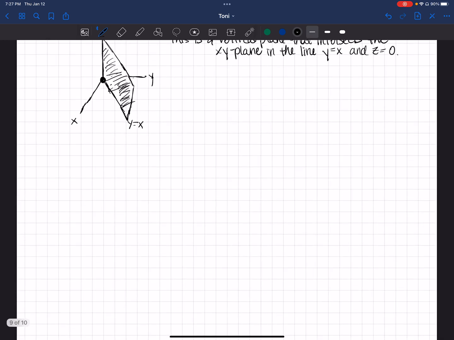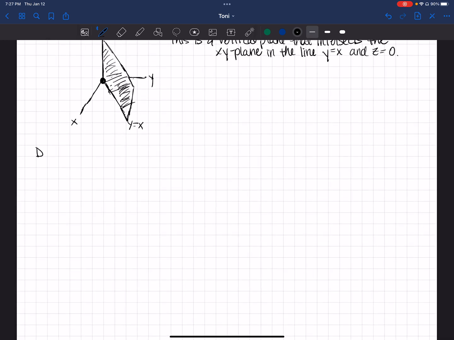All right. Distance formula, I'm going to go ahead and write it down. It's nothing new. It's just now you have a z in there, whereas before we had x's and y's. Given P1 is x1, y1, z1. Usually the distance formula just deals with x and y.